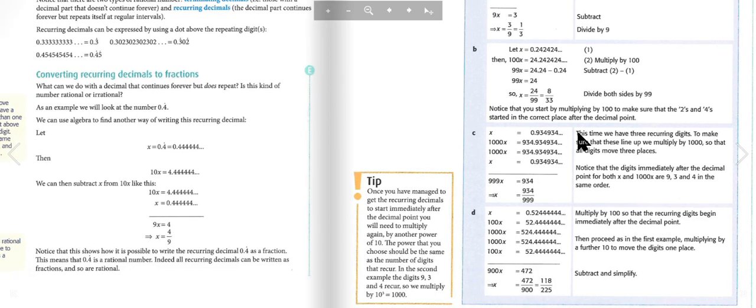This time we have 3 recurring digits. To make sure that these line up, we multiply by 1,000 so that all the digits move 3 places. Notice that the digits immediately after the decimal point for both x and 1,000x are 9, 3, and 4 in the same order, like this.